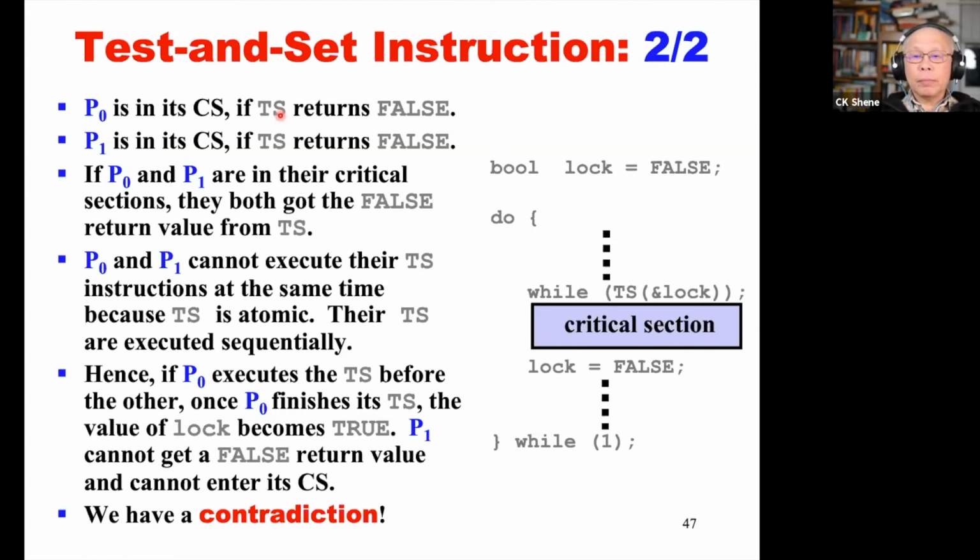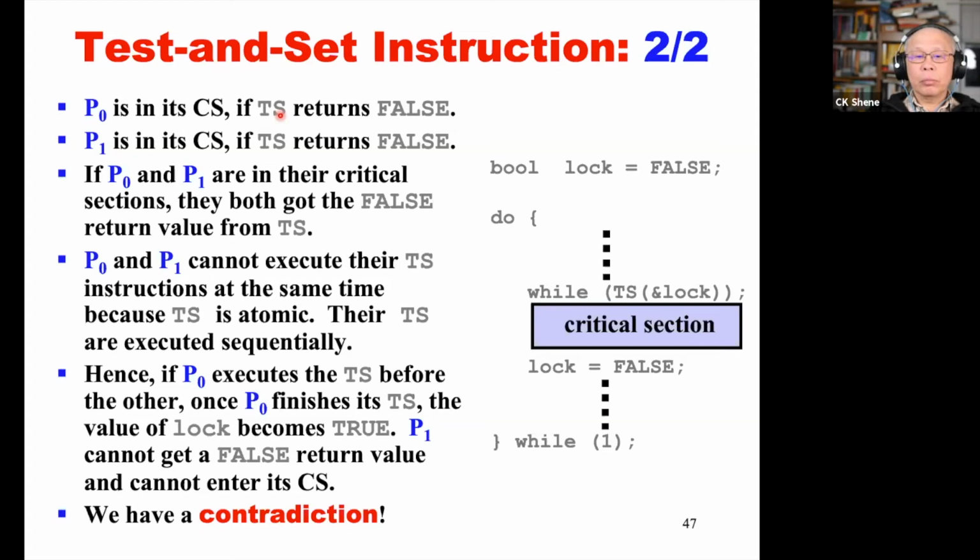Therefore, P0 and P1 can only execute their TS instruction in a sequential way. The one who executes the TS instruction gets false. While that one is in the critical section, the other one would always get true returned.